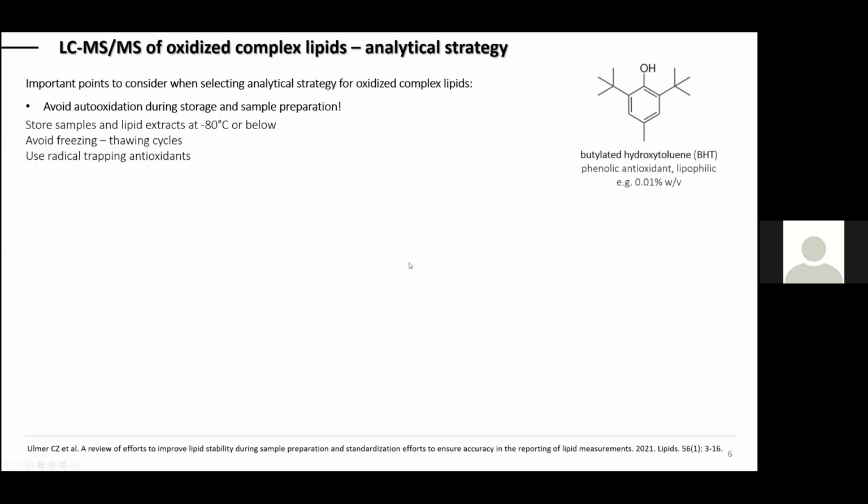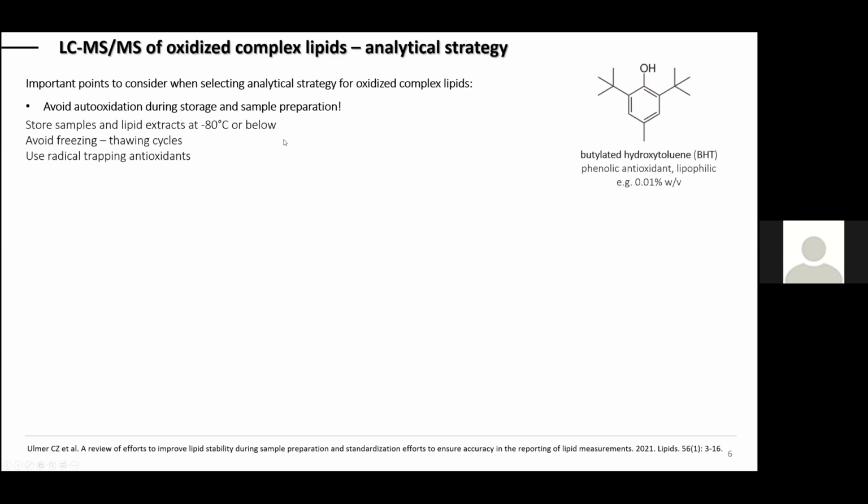So the analytical strategy, and I will just describe here the steps which we undertake for this kind of identification, includes several steps. First, of course, as we already talked about several times here, extraction and storage. If we look for oxidized lipids, but I guess for lipids in general, we should take care of that.